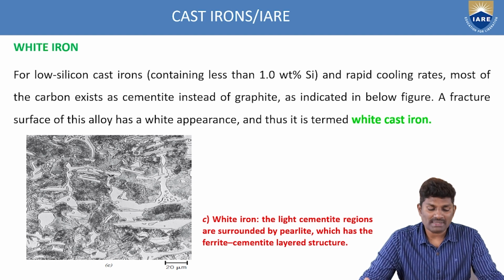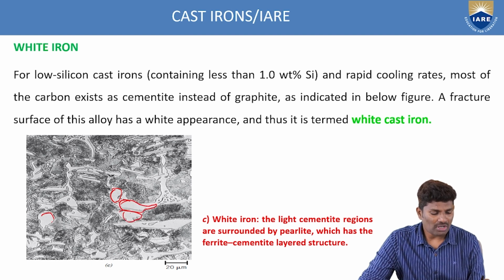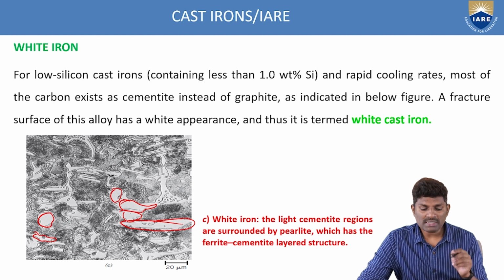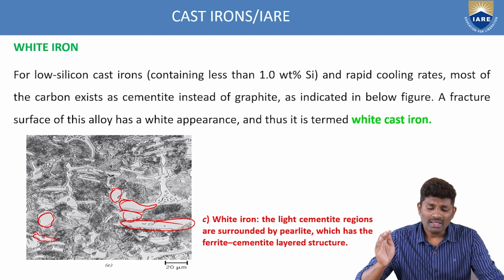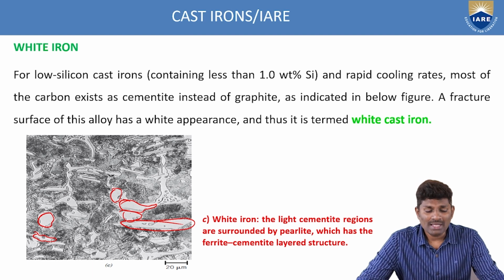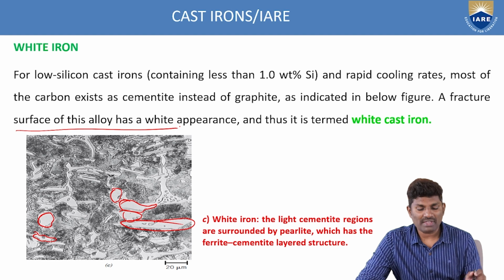Then coming to the white cast iron, if you observe the white patches, depending upon the formation in the graphical representation or the microstructure view, we can tell what type of cast iron it is. If it contains less than 1% of silicon, then that type is called white cast iron, with a fracture surface having a white appearance.